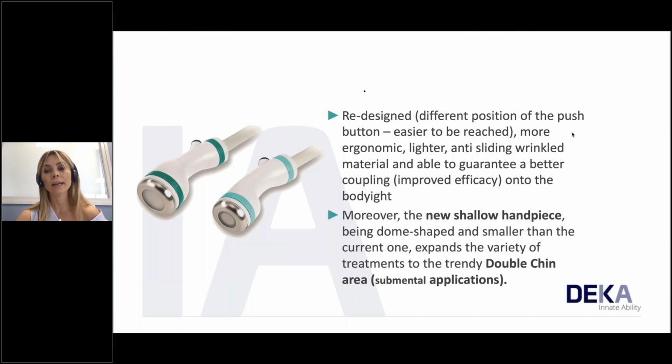There is a new lining material, and we are able to guarantee a better coupling. And recently, even the software has been updated, and this permits me to work with very low parameters and to treat a particular area, such as the submental area.